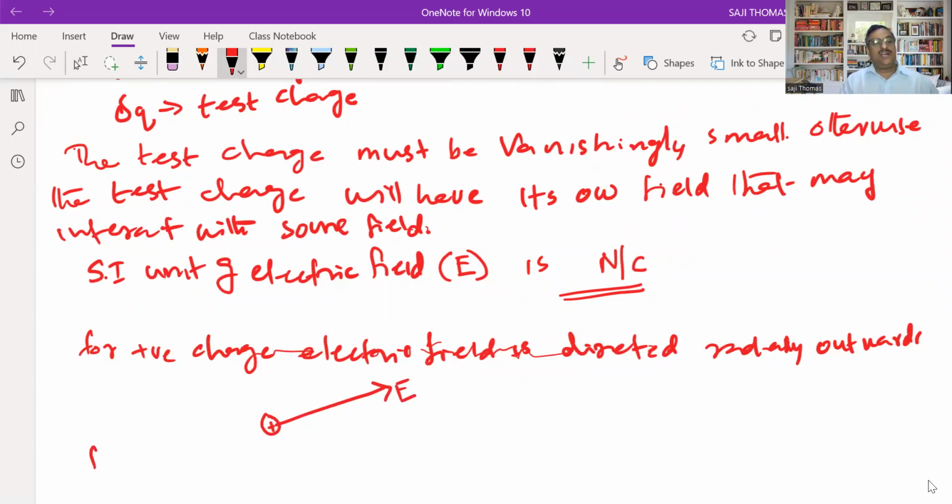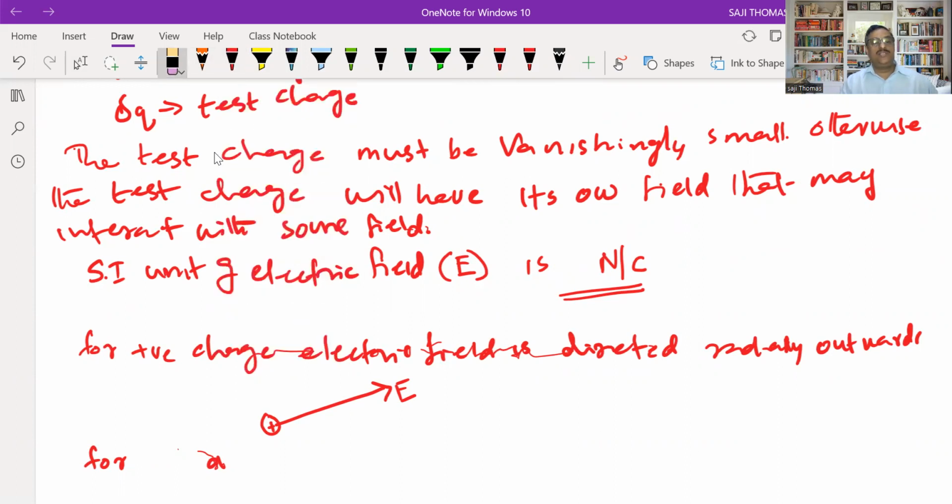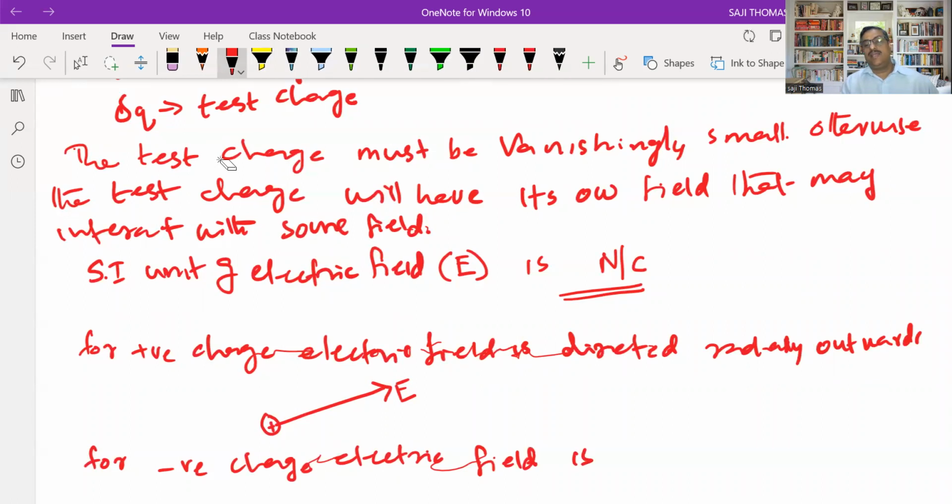For a negative charge, electric field will be pointing towards it. For a negative charge, electric field is directed radially inward towards the charge.